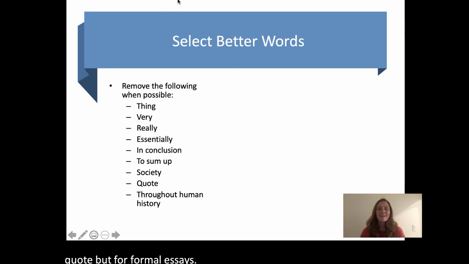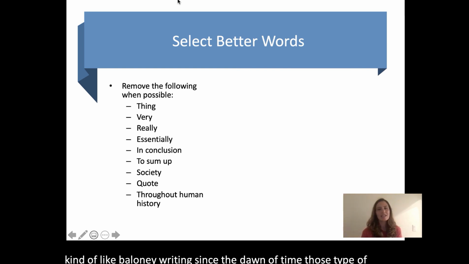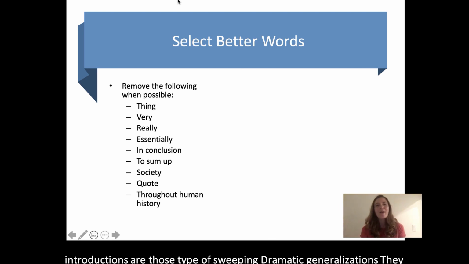And then this one, throughout human history, or any kind of sweeping generalizations that just sound kind of like baloney writing. Since the dawn of time. Those type of introductions or those type of sweeping, dramatic generalizations, they tend to backfire because they are so cliche. I can't tell you how many essays I read that begin with some sort of sweeping statement like that.